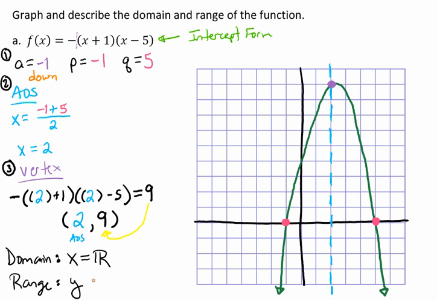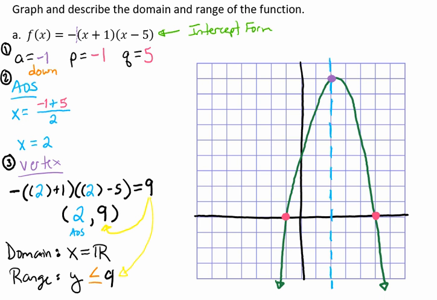So y must be less than or equal to the y value that our maximum is at. And that's all the way up here at the number 9. So y must be less than or equal to 9. And again, we get that number from the y of our vertex. And so that's how you can graph using intercept form.